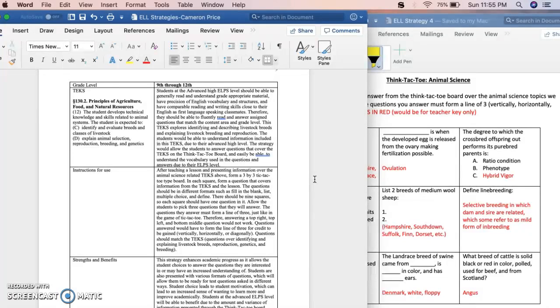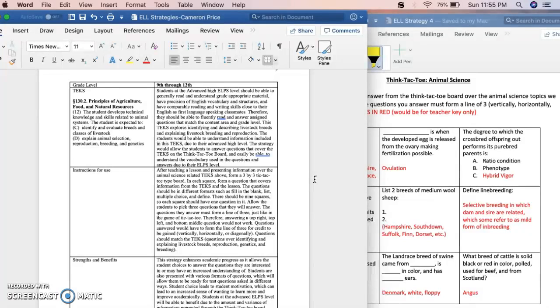At this advanced high ELPS level, students should be able to read and understand most everything that's grade appropriate to them, have a precision of English vocabulary and sentence structures, and have good reading and writing skills that are as close to their friends that have English as their native or first language. So they should have close to everything with very, very little second language or native language help.